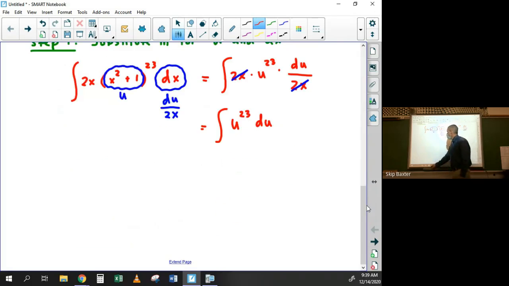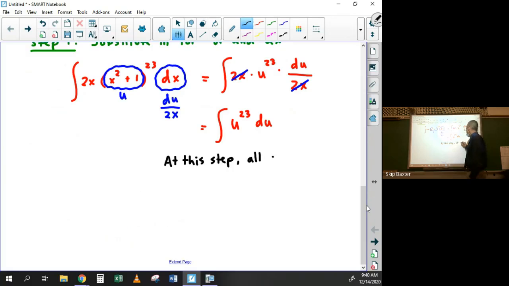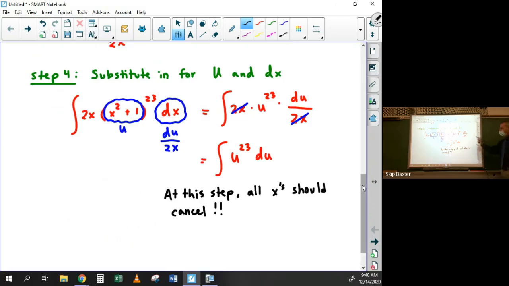If it doesn't, then you picked the wrong u at the beginning, or you made a mistake somewhere along the way. Okay? So at this step, all x's should cancel. And that's what happened here.